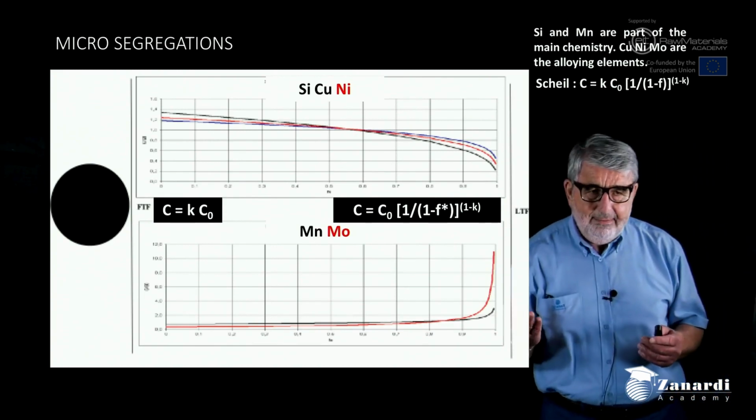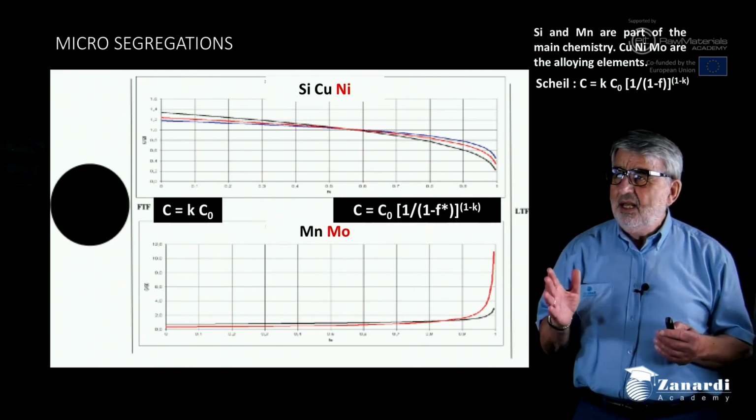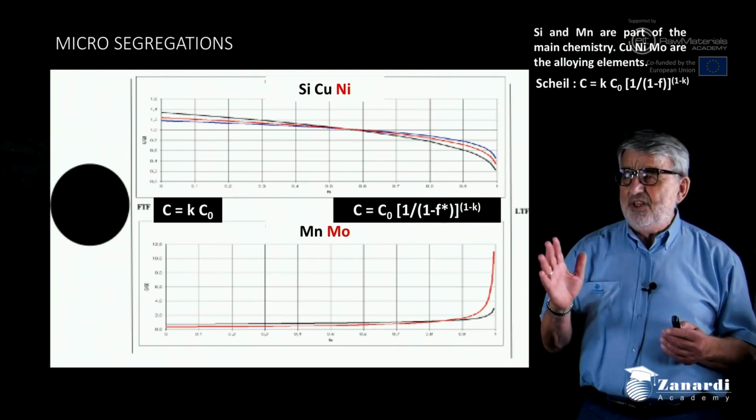So you know the metal starts to freeze in proximity of the spheroid.